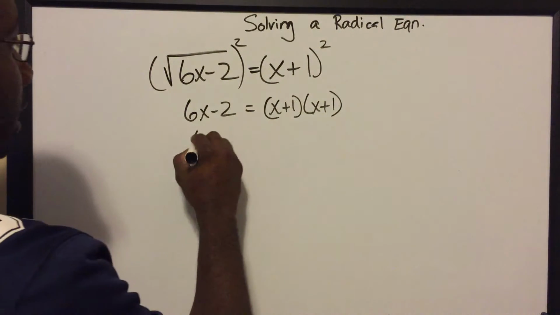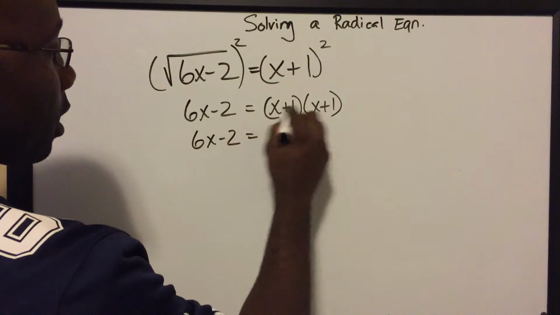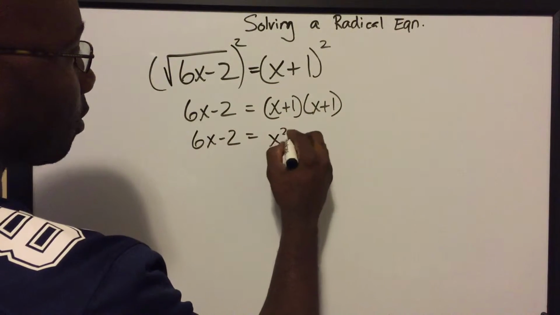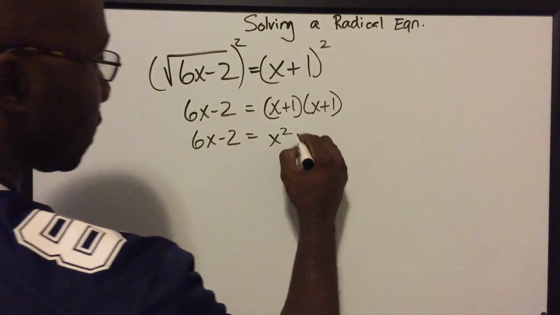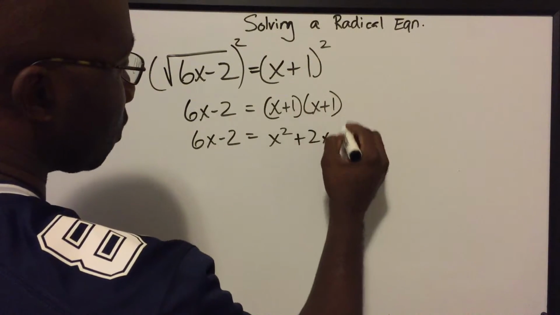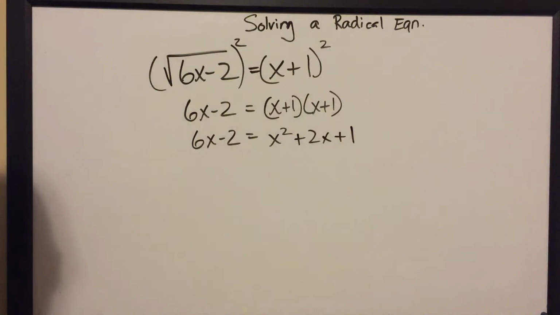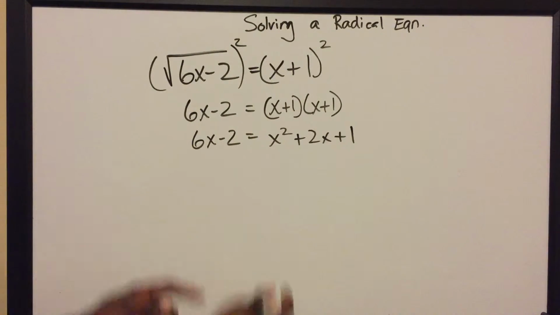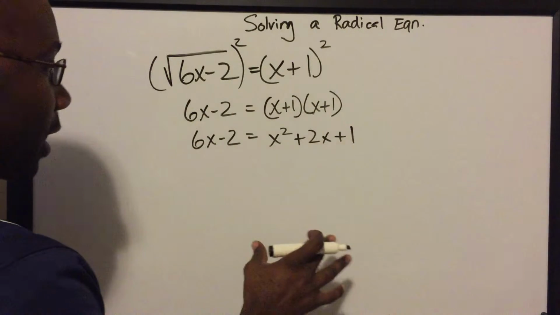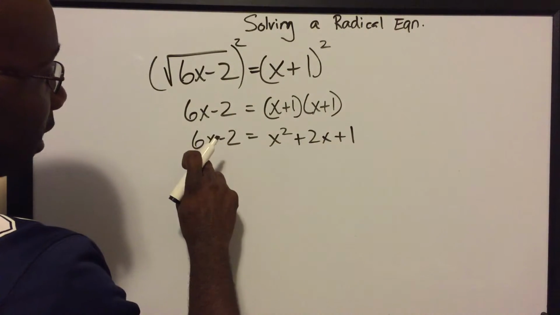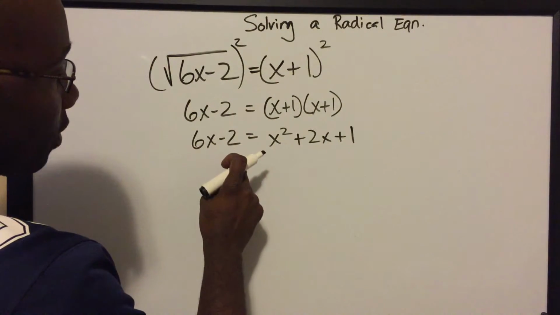Then x and x, that's x squared. Then 1x and 1x, that's 2x. Then 1 times 1 is plus 1. So now that I have that, I want to have a 0 on this side, so I'm going to take this here and move it to this side. The only way I can do that is subtracting 6x on this side and adding a 2 on this side.